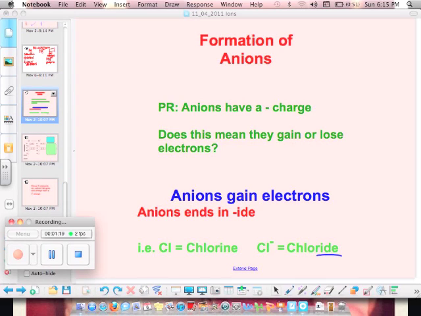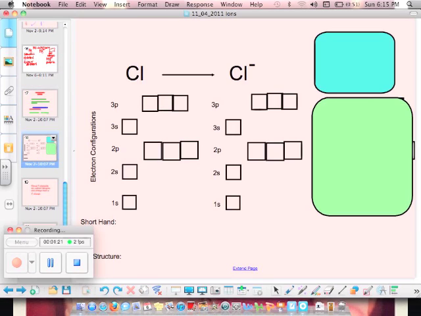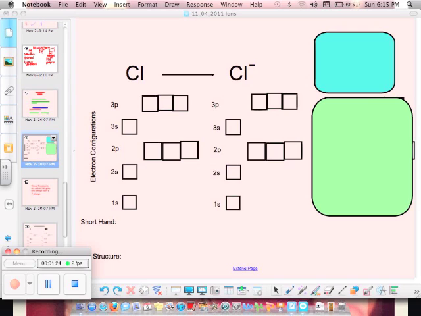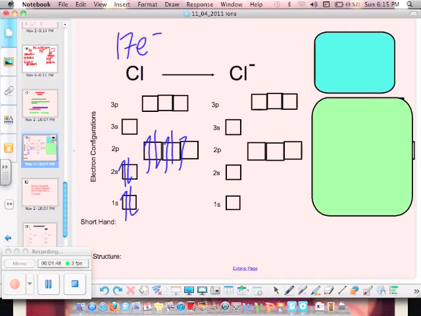So let's do the same thing we did before, but instead, like we said, these anions are going to gain electrons. So let's do chlorine. What's the atomic number of chlorine? Good. The atomic number is 17. So if I drew these, 17 electrons gives me 1, 2, 3, 4, 5, 6, 7, 8, 9, 10, 11, 12, 13, 14, 15, 16, 17.